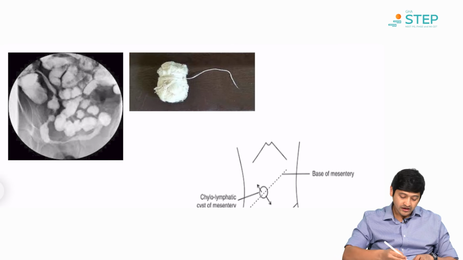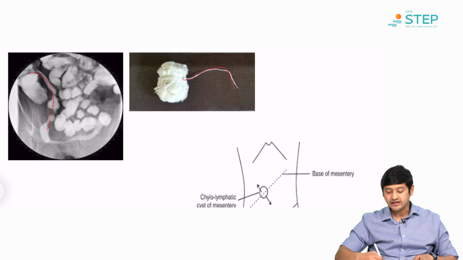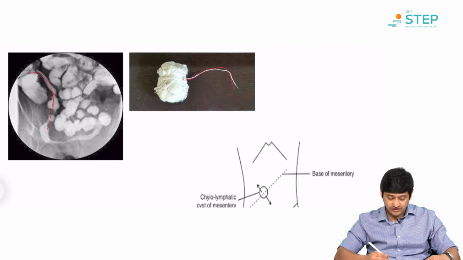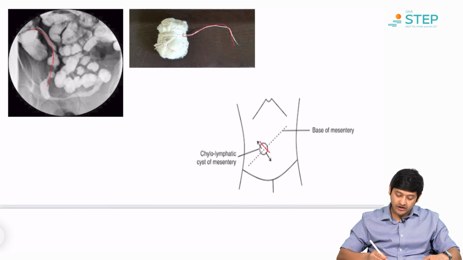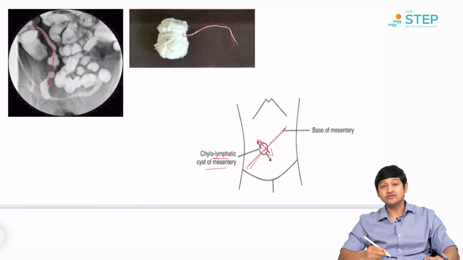We notice that the string sign, as we've seen earlier, resembles a string seen in the terminal ileum in Crohn's disease. The Taylor sign is basically ballotability or movement perpendicular to the mesenteric attachment, and this is seen in chylolymphatic cysts of the mesentery.